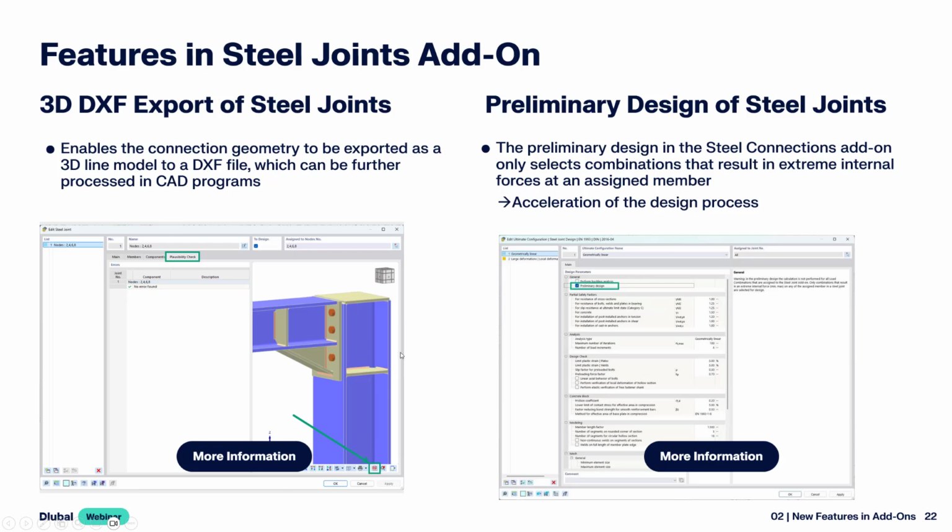And you can also export the 3D lines of the steel joints. It's a similar workflow as I showed in the program for the hull. Then preliminary design of steel joints. The advantage is the acceleration of the design process.